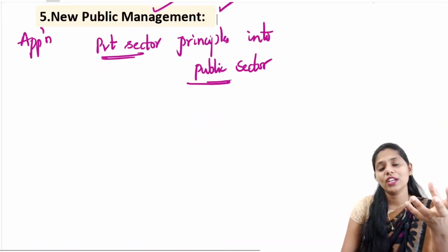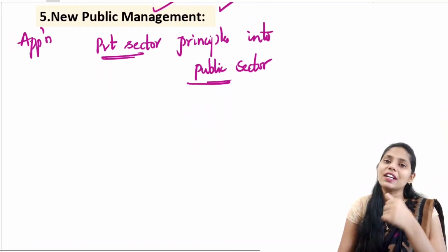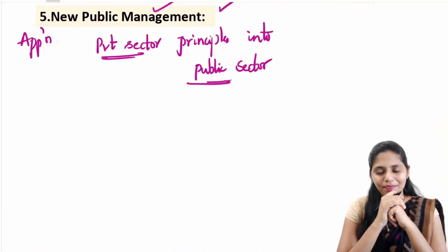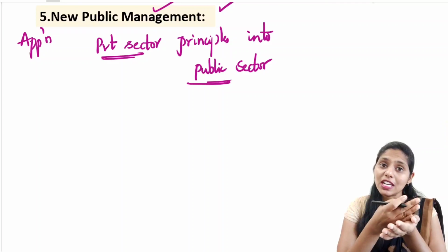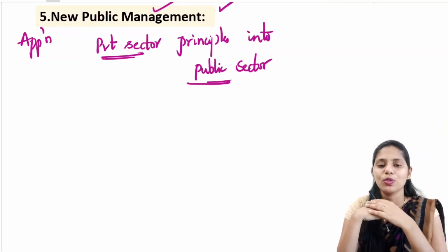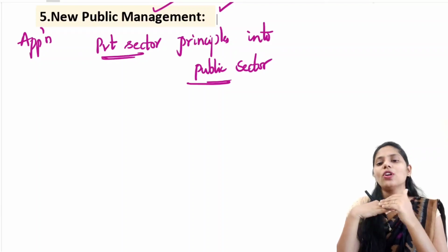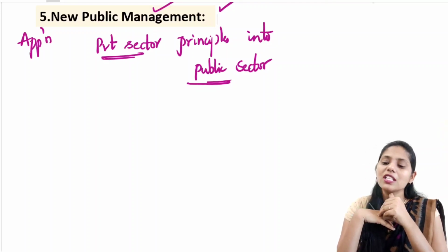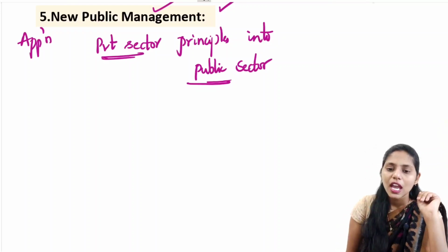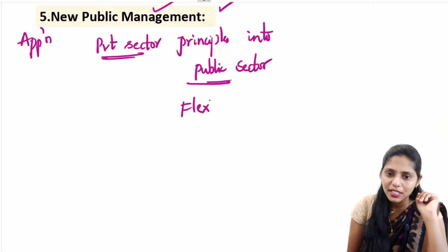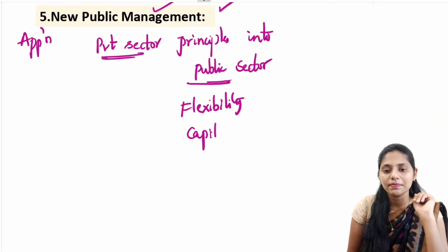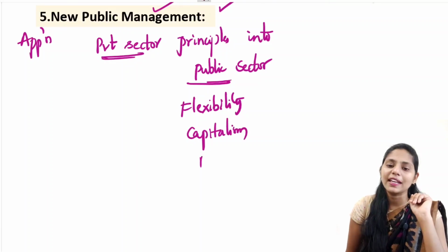For example, we can talk about performance linked rewards. So if they are doing good, yes, they will be getting awards. Next one is customer centrality. It is also one important principle of the private sector. And not only that, they mainly focus on innovation, teamwork, entrepreneurial spirit and outcome management, and even they focus on flexibility as well as capitalism, market supremacy.